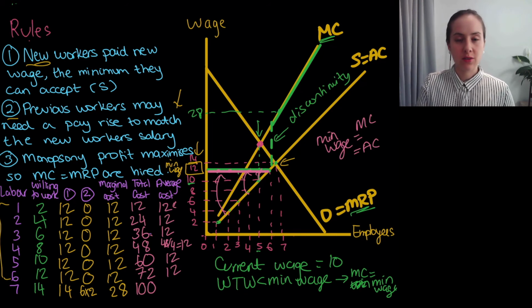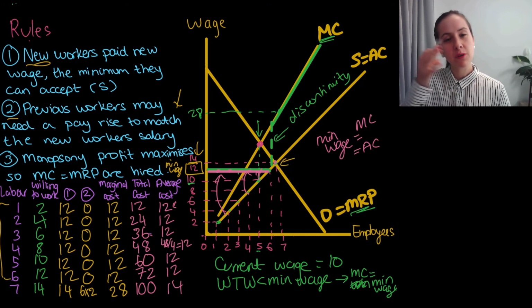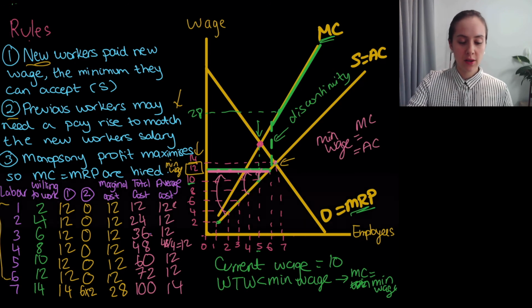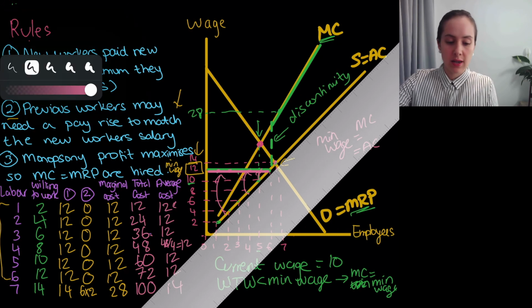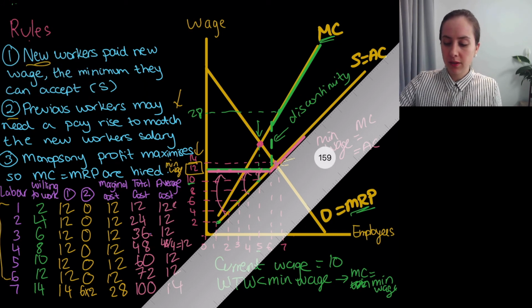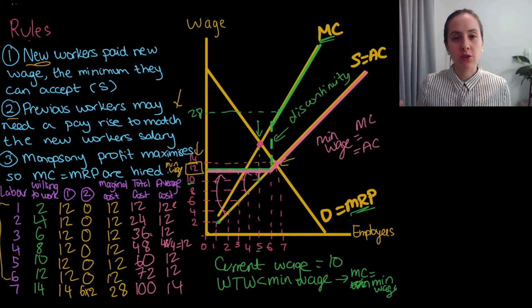So the firm has faced a total cost now of 100, and there are 7 people. So this is a 14, roughly speaking, their average cost. And that is over here. And if you were to repeat this for more workers, you would find that the average cost of hiring these workers has actually turned out to be what we would expect, the original monopsony average cost curve.